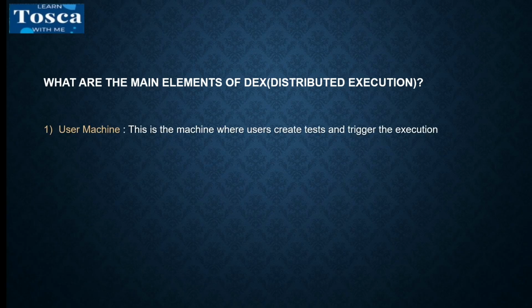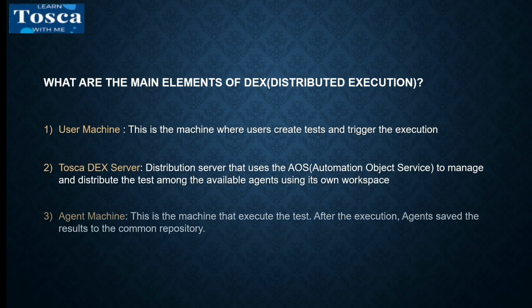The main elements are the user machine, the Tosca DEX server, and the agent machine. The user machine is where we usually create our test cases and trigger the execution. The Tosca DEX server makes use of the automation object service, which manages and distributes our tests amongst the available agent machines.